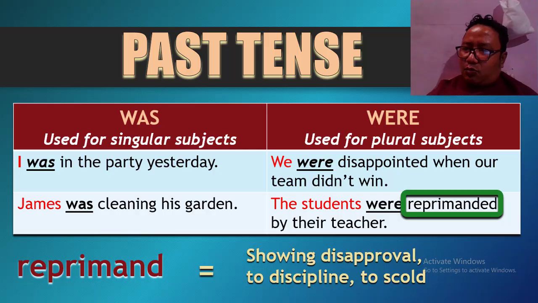Supposing someone doesn't behave properly, we sometimes scold him or her. That is called a reprimand. Reprimanding is showing disapproval, or to discipline, or to scold. If I say, don't do that again, that means I'm reprimanding someone.